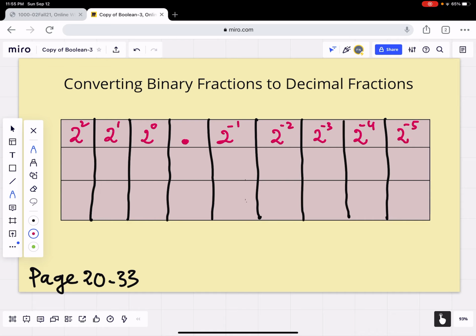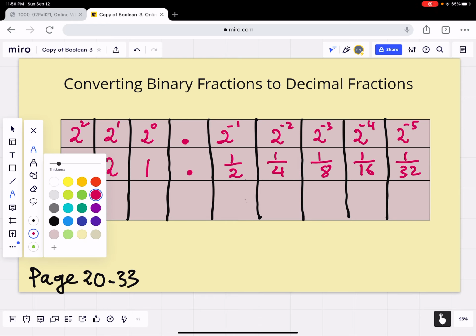From these numbers, we're gonna convert into a fractional part, which is 1 over 2, 1 over 4, 1 over 8, 1 over 16, and 1 over 32. And you know that 2 to the power of 0 equals 1, and this one equals 2, and this one equals 4.